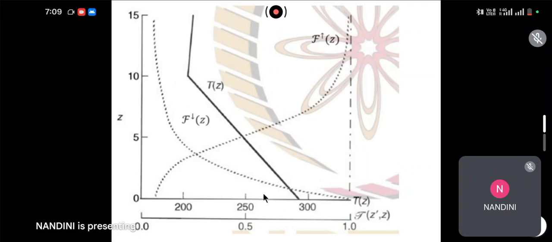As the surface is emitting radiation, the atmosphere absorbs the radiation and re-emits it in both directions, upward and downward. So there is always upward going infrared flux as well as downward going infrared flux. This shows how the downward and upward going infrared flux change with respect to temperature as we go up in the atmosphere.